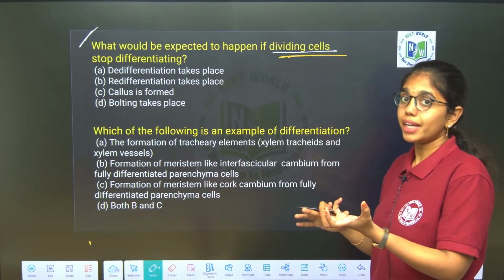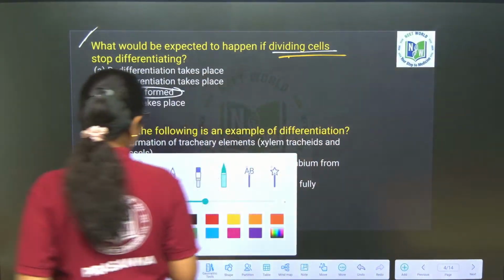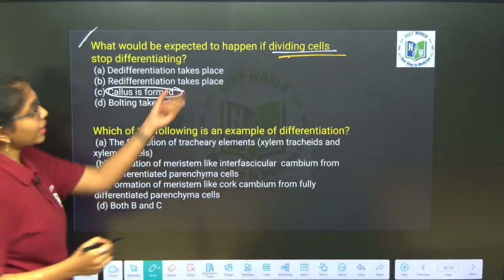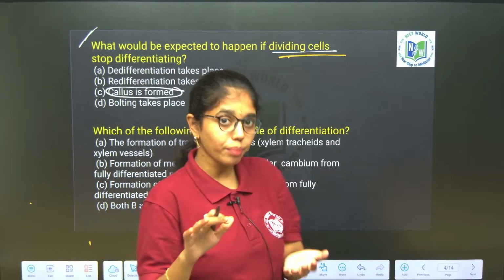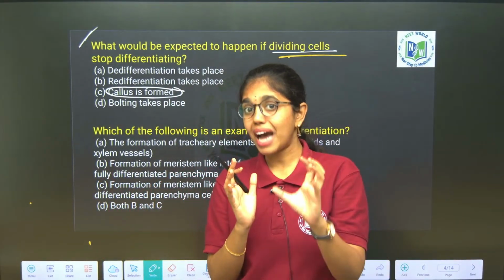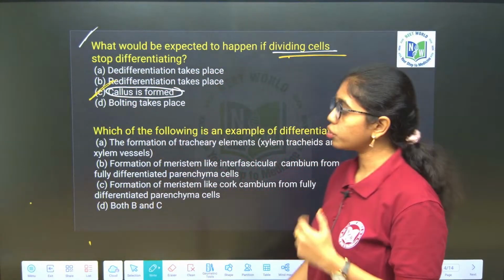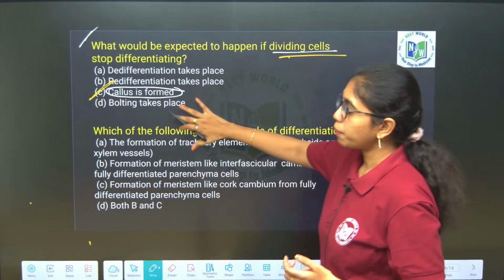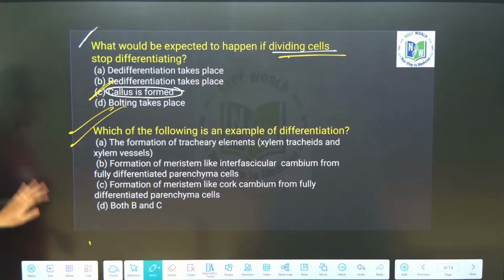At that point, callus is formed. When the primary dividing cells or meristematic cells stop their dividing activity, initially an undifferentiated mass of cells, that is callus, is formed. So what will be the right answer? Option 2.